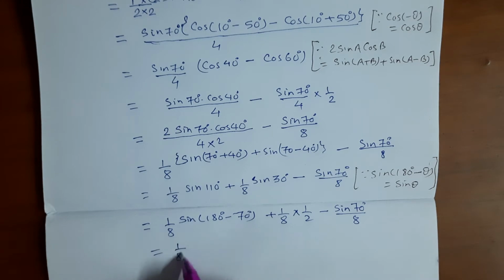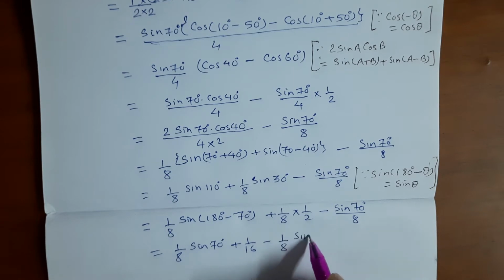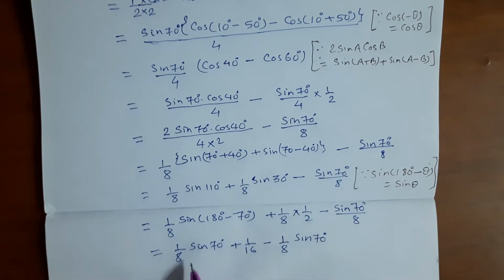So 1 over 8 sin 70 degree, plus 1 over 16 minus, here also we can write 1 over 8 sin 70 degree. This is minus 1 over 8 sin 70, and this is plus 1 over 8 sin 70.